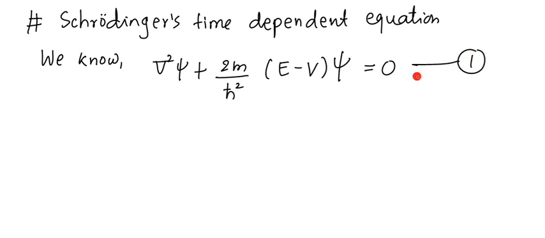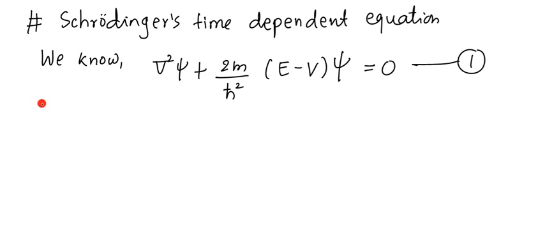Consider this as equation number 1, and keep in mind that this psi is basically a function of position and time. Okay, now basically Schrodinger time dependent equation can be obtained by eliminating this E.